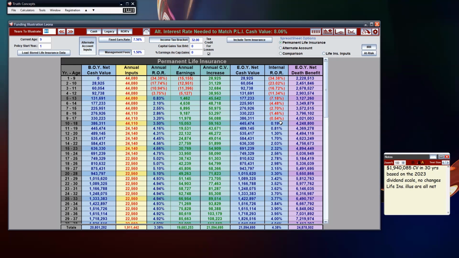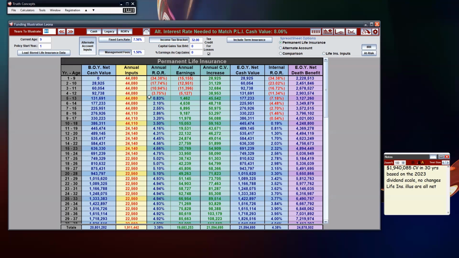So if we only held this policy for, in this case, 3 years, then we would have lost the equivalent of 16.72% each year. Once we get down here to the 10th year, we can see, oh, now we've got a positive rate of return of 0.19. Now from an annual increase each year, we actually got to a positive rate of return in year 5, where we can see that 0.83.